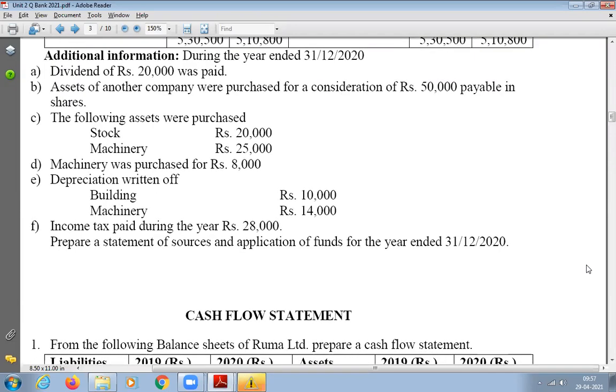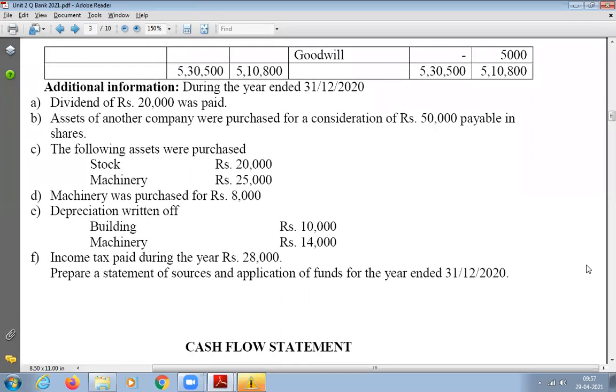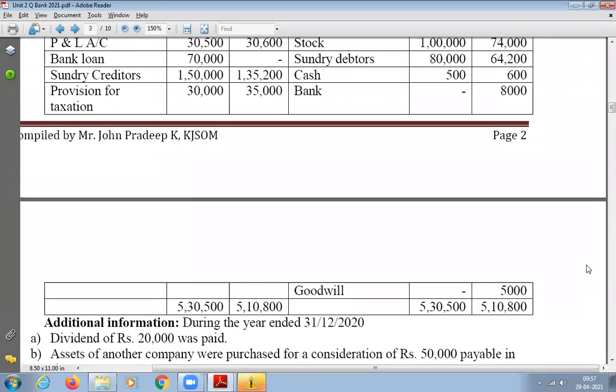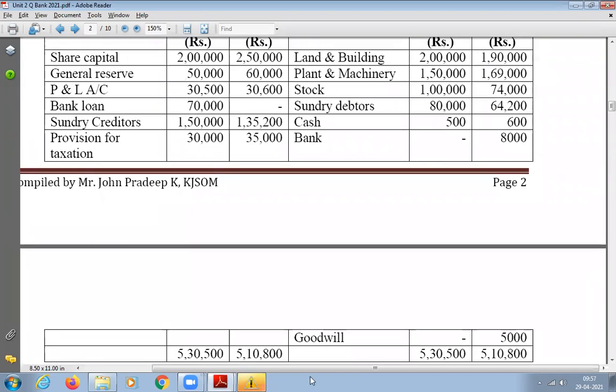Okay. Thank you very much. We will not discuss the adjustments because if I discuss now, again you'll forget. We'll discuss when you solve the problem. We will only discuss the balance sheet because that is what will be needed for statement of changes in working capital. Hope all of you have done the changes in working capital statement.